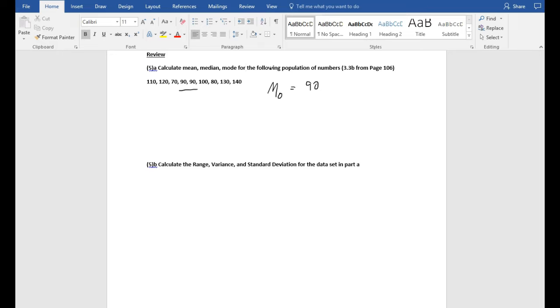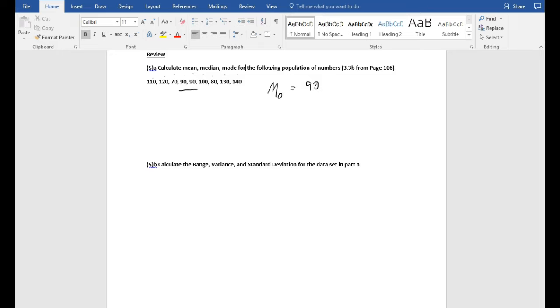For the median, we chop off the highest and lowest pieces of data until we get to the middle. How many pieces of data do we have? 1, 2, 3, 4, 5, 6, 7, 8, 9. The median is going to exist in the data because it's an odd number.